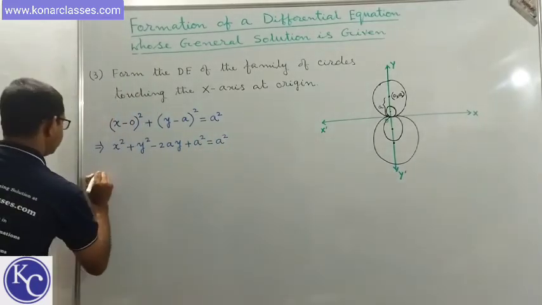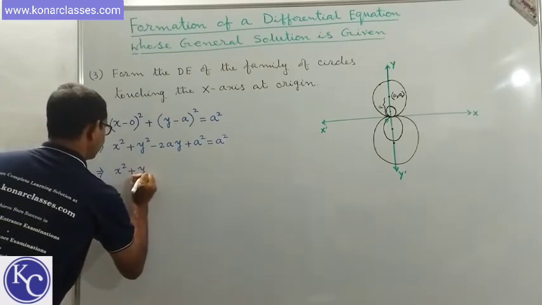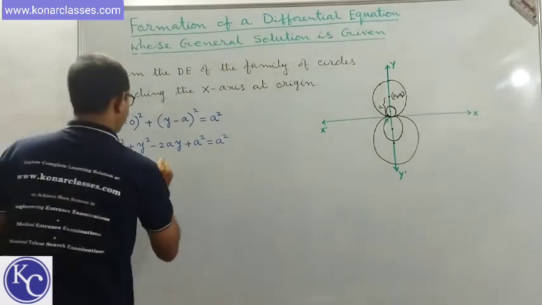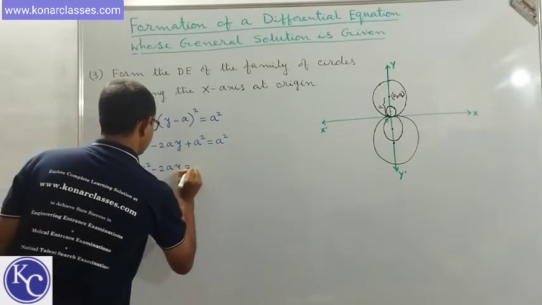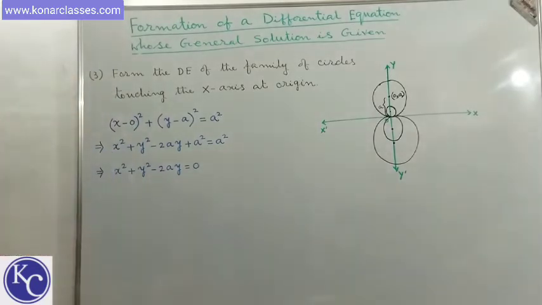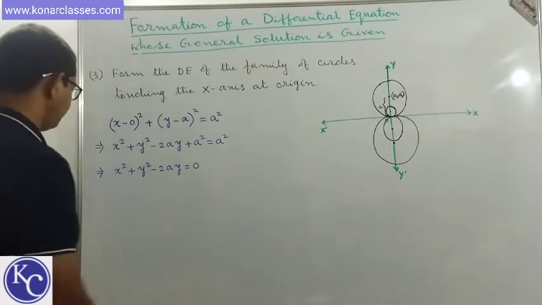So this implies x square plus y square minus 2ay is equal to 0, because a square got cancelled.